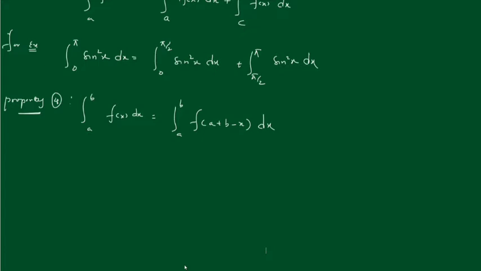So next, property 5: integration 0 to a f of x dx is equal to integration 0 to a f of a minus x dx. Note that it is a particular case of property 4.